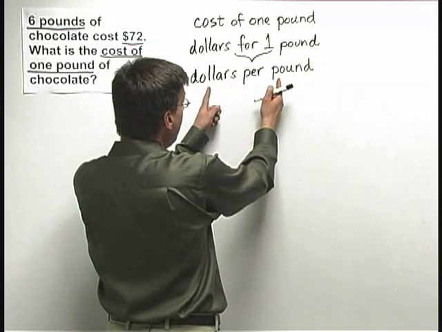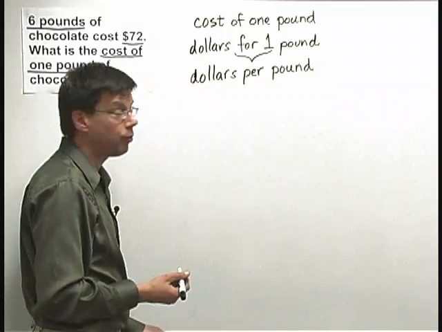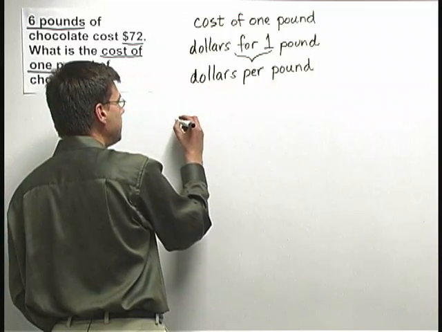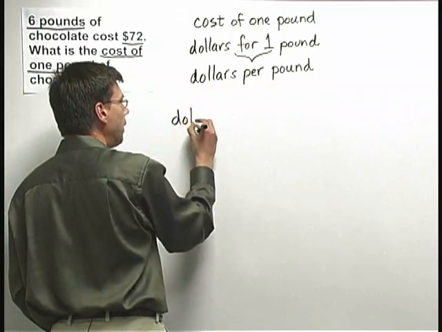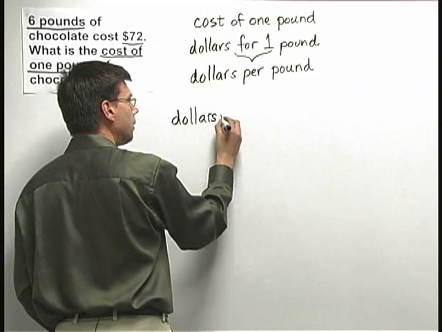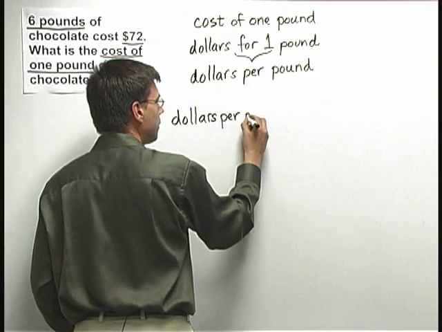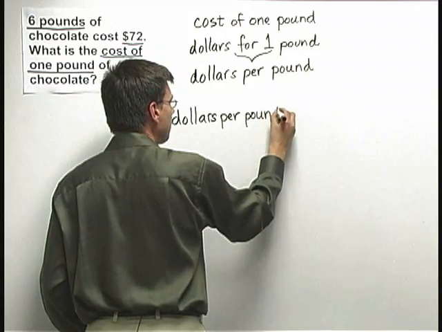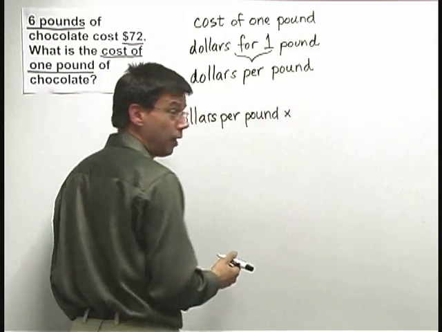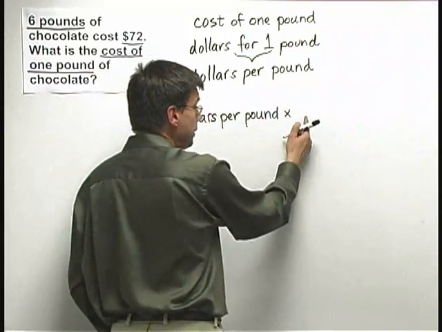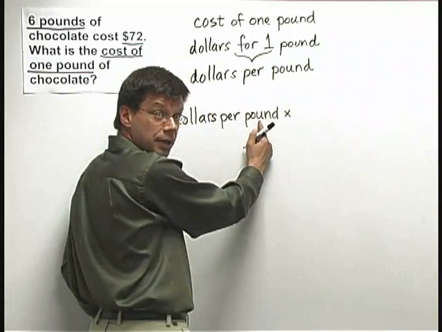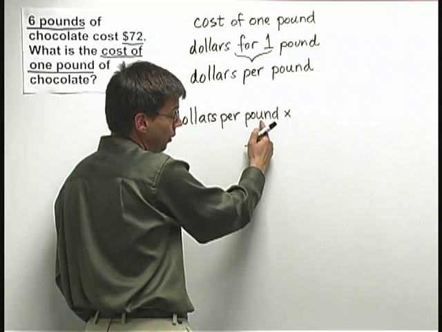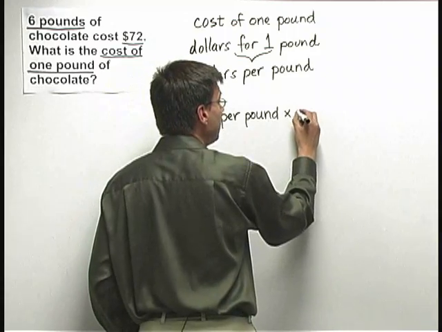Now let's use that rate to set up a unit equation. I'm going to take dollars per pound and I'm going to multiply by a quantity whose units are represented by the word after the per. That's the word pound here.